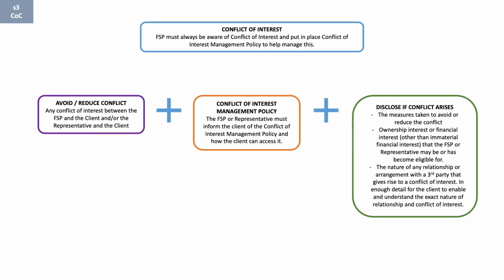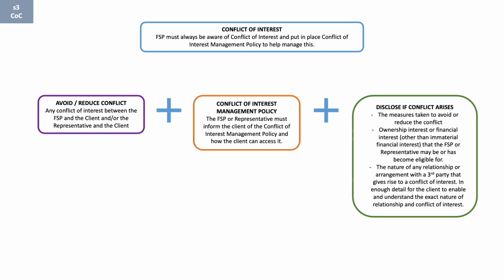Where a conflict of interest has arisen, then as a minimum requirement, the following must be disclosed. 1. What measures will be taken to avoid or reduce the conflict? 2.